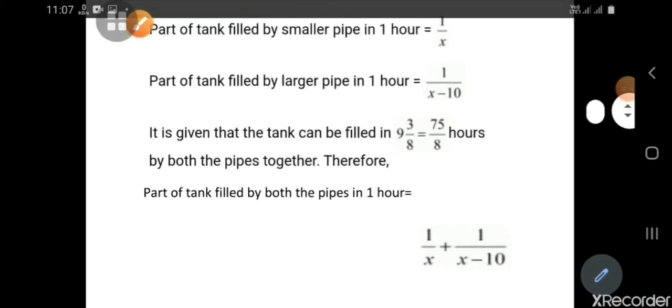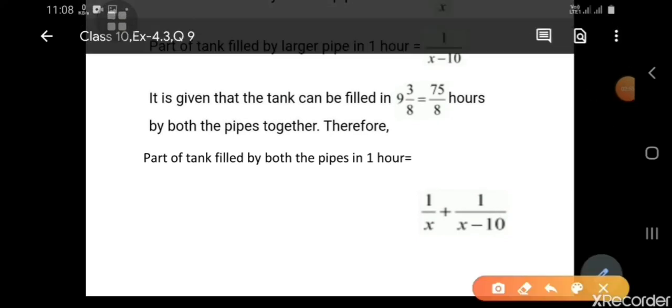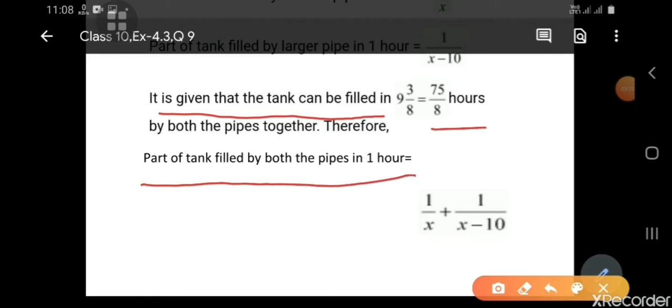Now the condition is given that if we open both pipes, the tank will fill in 75 by 8 hours. It means that if we keep both pipes open for 75 by 8 hours, the tank will be filled. So we can write the part of the tank filled by both pipes in 1 hour: 1 by x will be filled by the smaller pipe, and 1 by x minus 10 by the larger pipe.